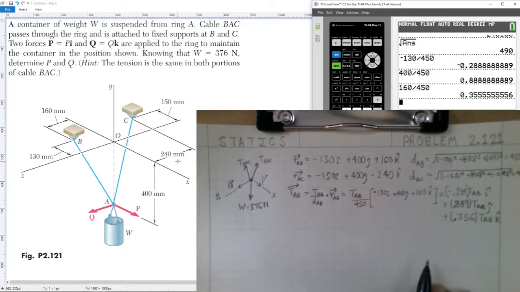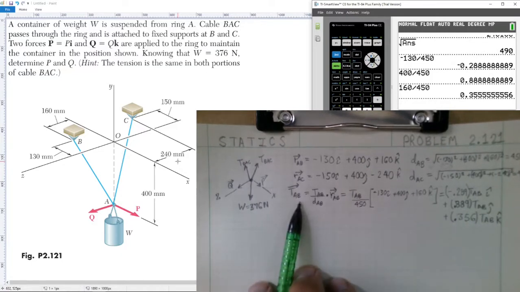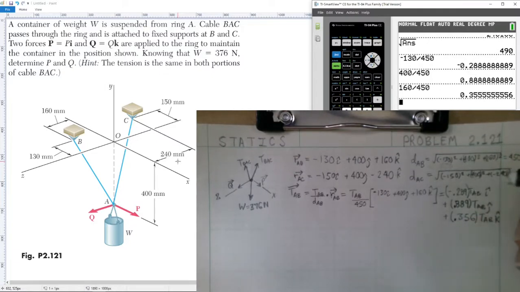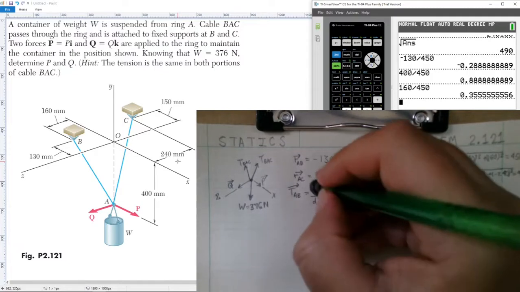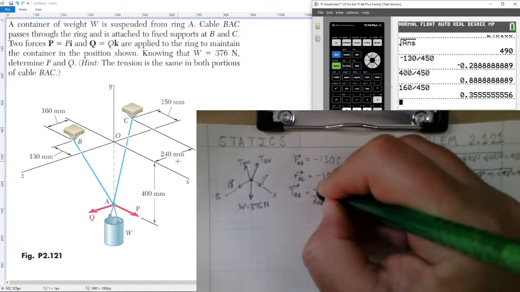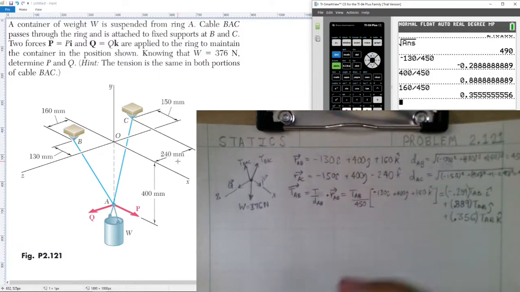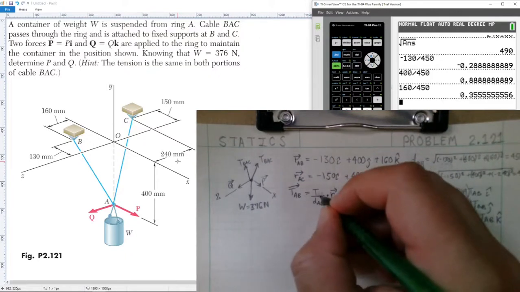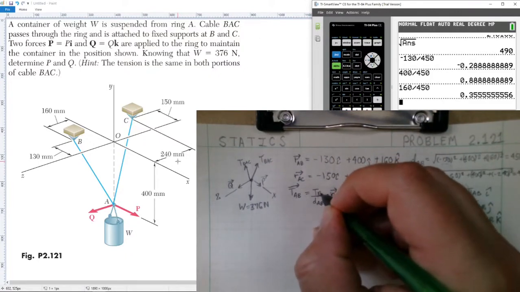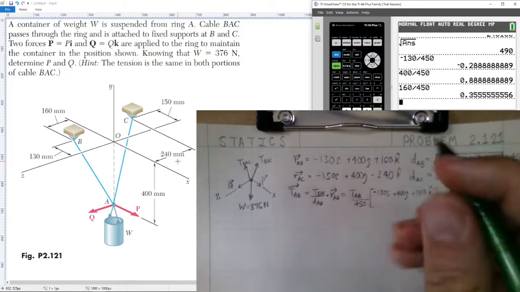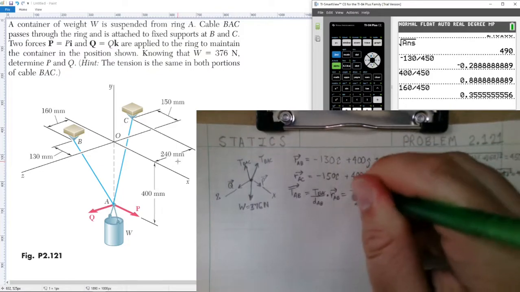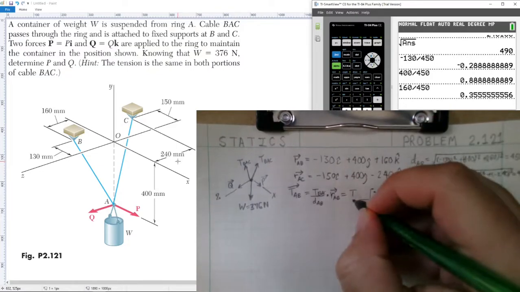So we have our components for tension AB, and actually, I apologize, this should be tension BAC, because the tension value is the same in both cables.